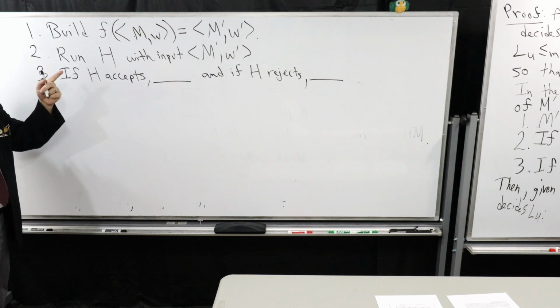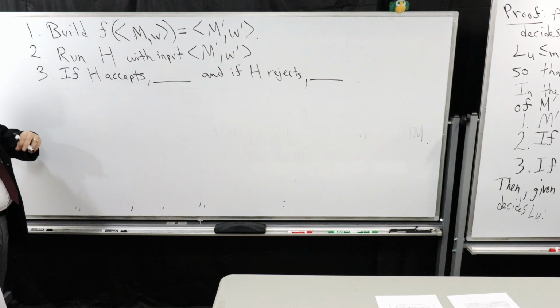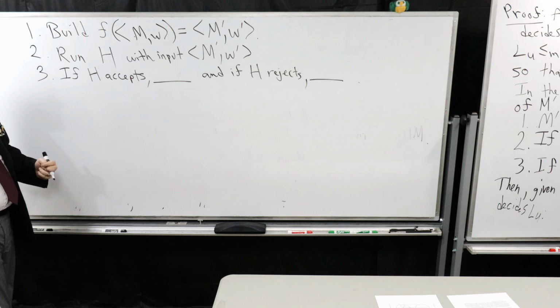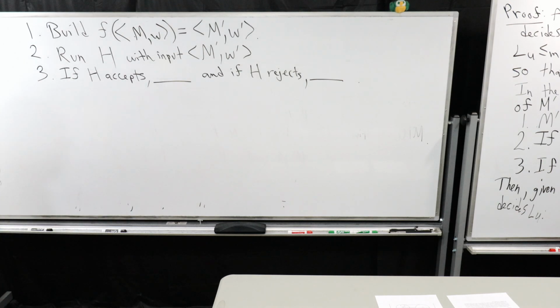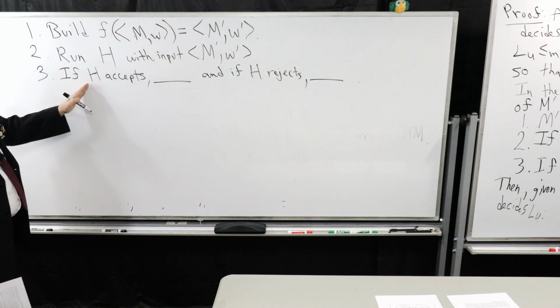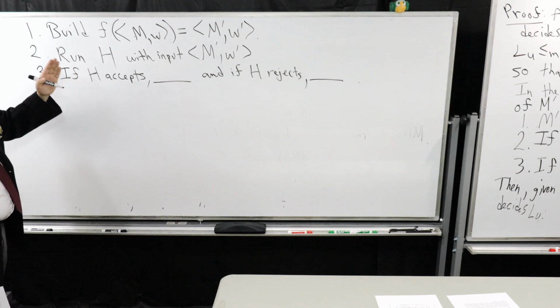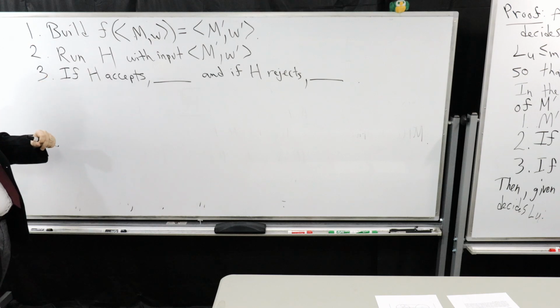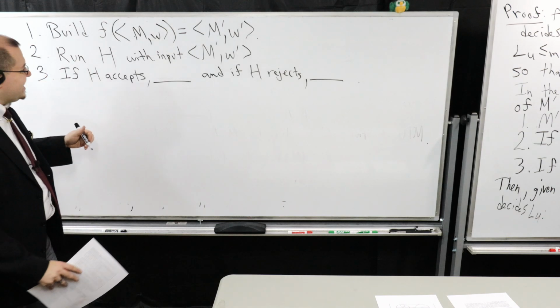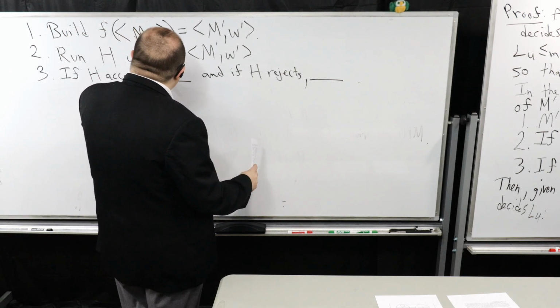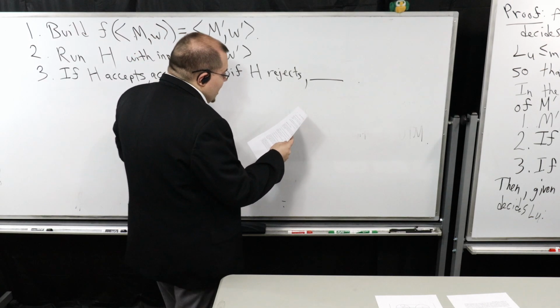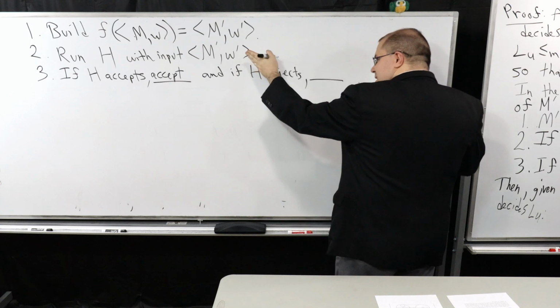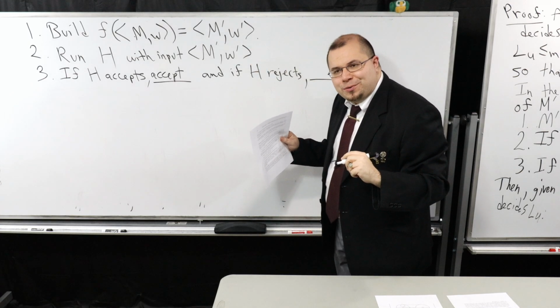So remember back to the connection I'm trying to draw between these two Turing machines. So if H accepts, remember, this means that when I feed that M prime to H, if it accepts, it halts, right? By definition. So you most certainly want to make sure it accepts. And you know that this M prime, it loops forever.